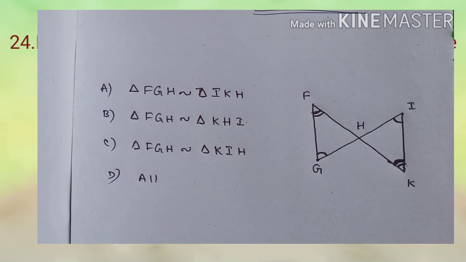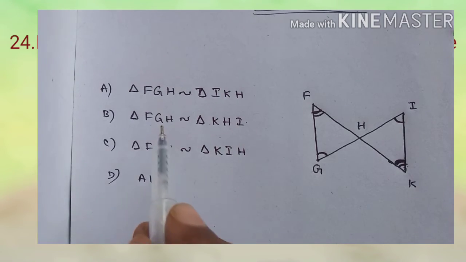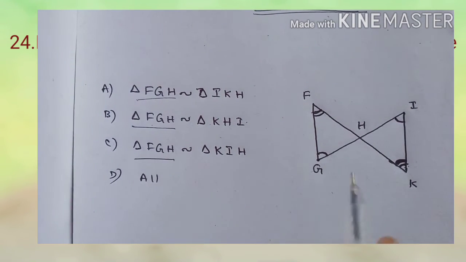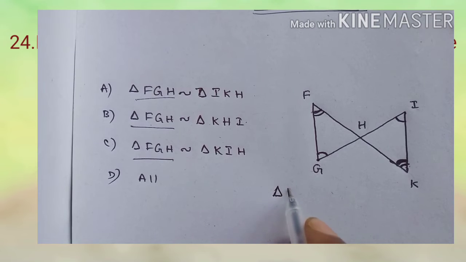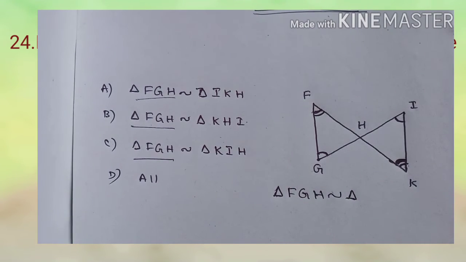Now in this problem we have to write similar triangles based on the angles. In the previous problem we wrote based on the sides' proportion. Here, based on the angles, we have to write its sides. Here, for all the options, FGH only is given. So let's start with triangle FGH, similar to which triangle?